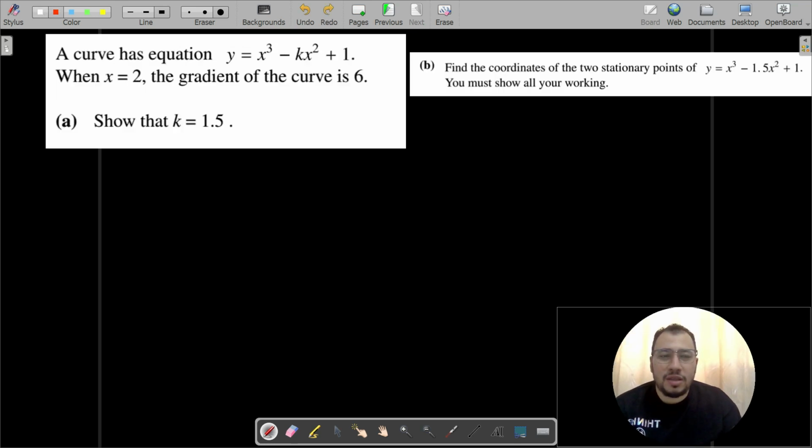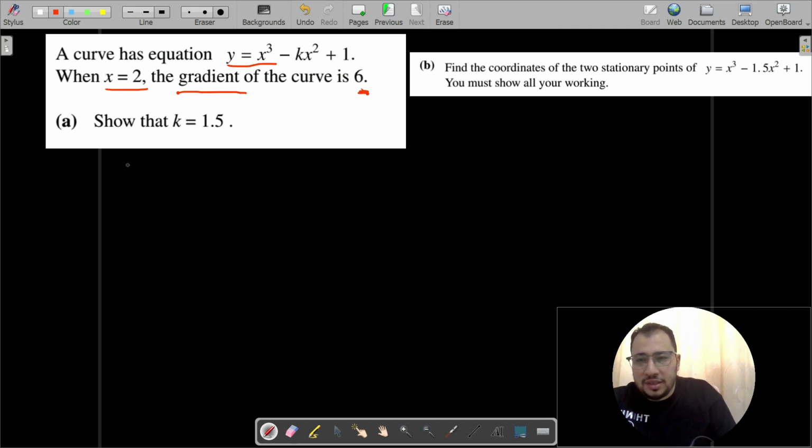Okay, let's take a look at this question. In this question, the curve has an equation, and when x equals 2, the gradient of the curve equals 6. Once you see gradient, even without thinking about the question, the first step is to get the first derivative, dy by dx.